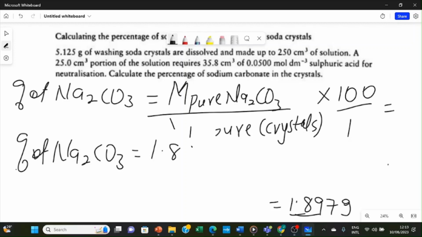So 1.897 divided by 5.125 times 100 over 1.